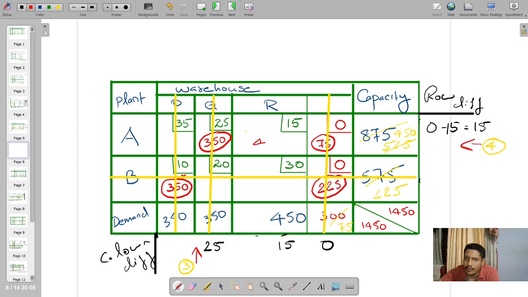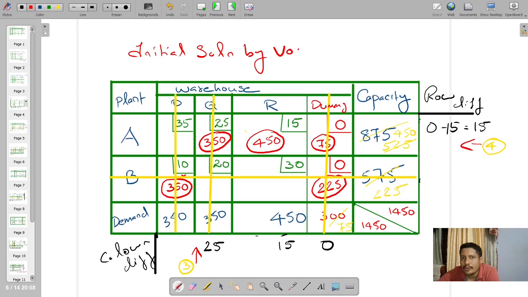So this is the initial solution by Vogel's approximation method. This was the dummy.